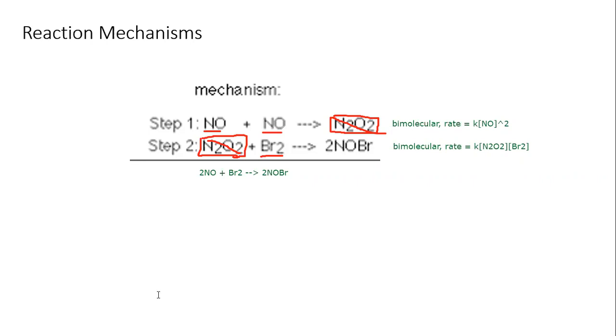Now, when we're writing the rate law for a mechanism, we have to write it based on the rate determining step, which is the slow step. So again, the rate determining step is the slow step in the mechanism.